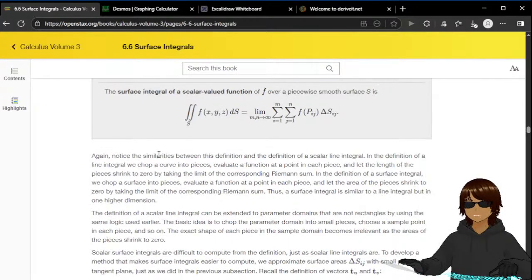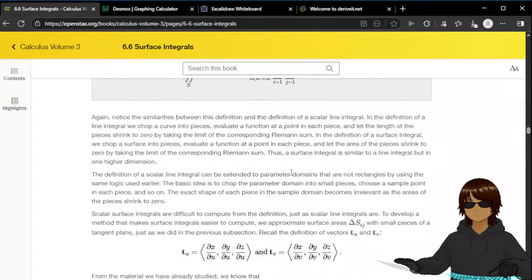Okay, notice the similarities between this definition and the definition of a scalar line integral. In the definition of a line integral, we chop a curve into pieces, evaluate a function at a point in each piece, and then let the length of the pieces shrink to 0 by taking the limit of the corresponding Riemann sum.